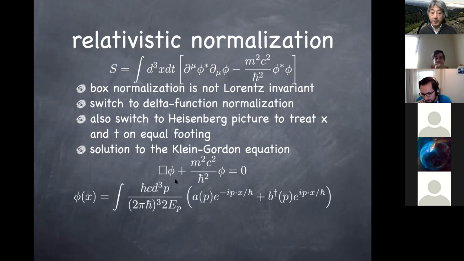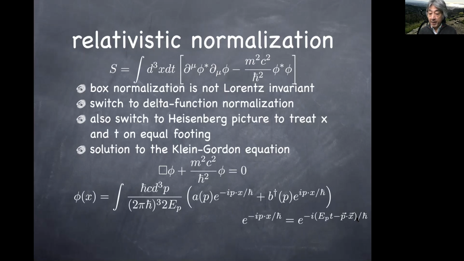Now that phi depends on both space and time and satisfies this Klein-Gordon equation, you can immediately write down this mode expansion using the wave factor e to the minus ip dot x over h bar, which has both time and space dependence in it. By choosing E_p and p correctly, you can see very easily that this wave factor satisfies the Klein-Gordon equation.